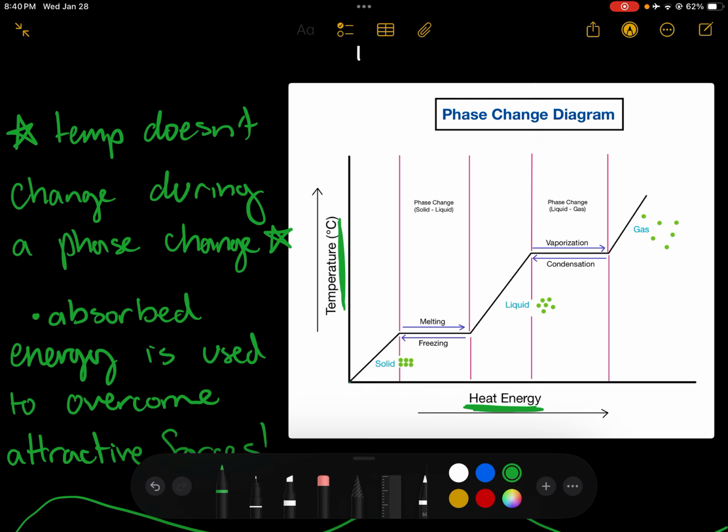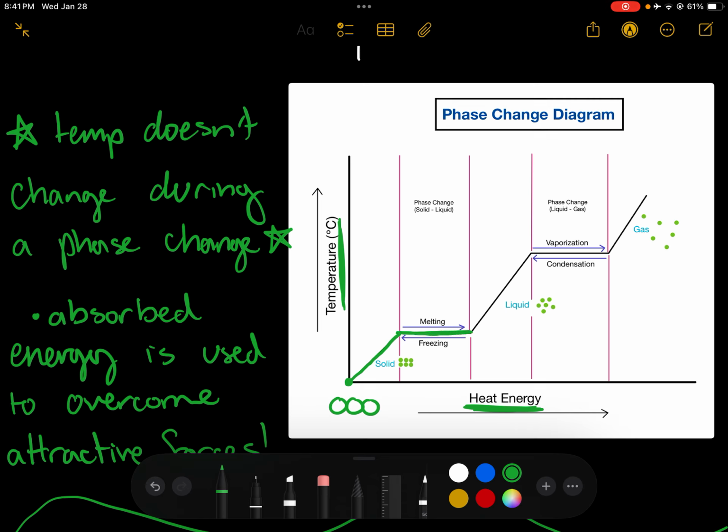So if we start over here at 0, 0 on our axis, we can see that solid molecules are going to absorb energy over time, and then their temperature is going to slowly increase as they do that. Because our solids, as we know, are organized really nicely next to one another, and they're just vibrating in place. So as they absorb that energy, they're going to vibrate more and more until they have enough energy to go through a phase change, melting.